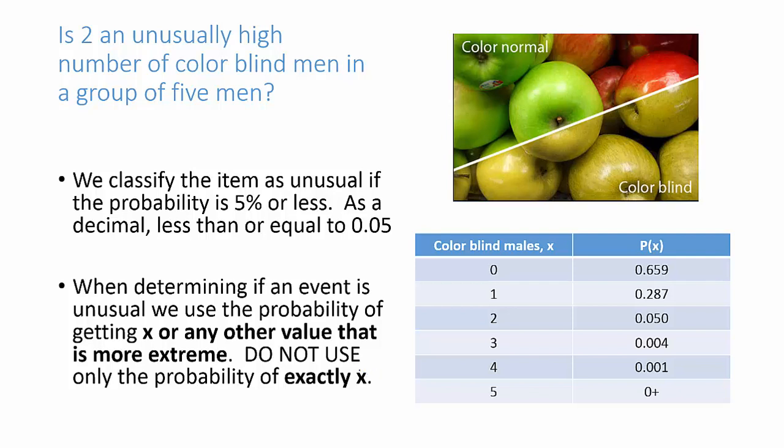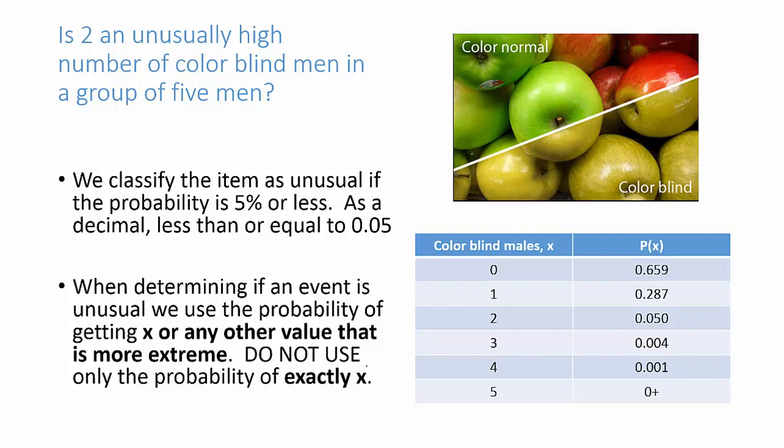So let's think of a different example for a moment. Randomly picking an adult woman who weighs exactly 110 pounds. Pretty rare. But is 110 pounds an unusual weight for an adult woman? Probably not. If we picked 110 and anything less, we'd probably get more than 5%.